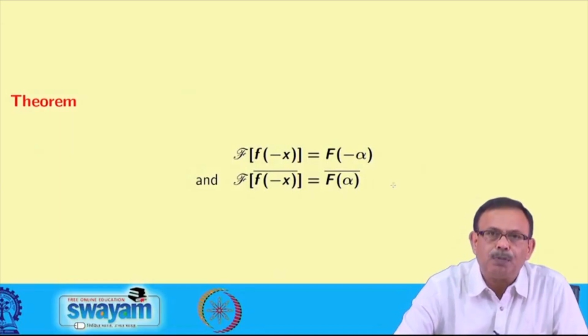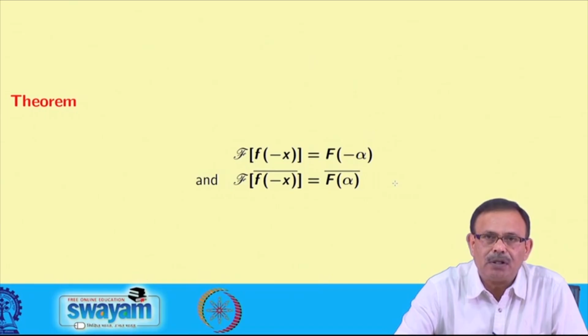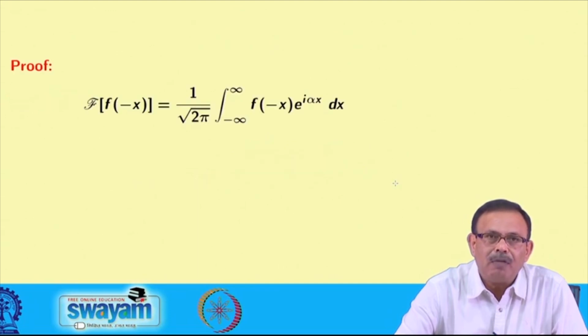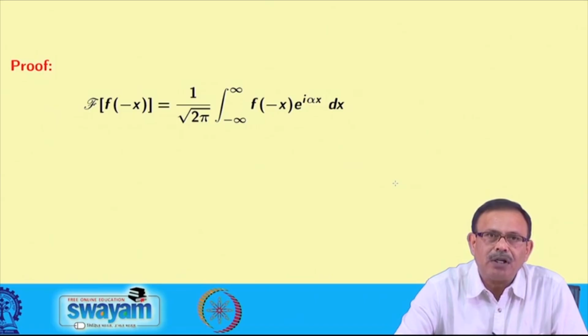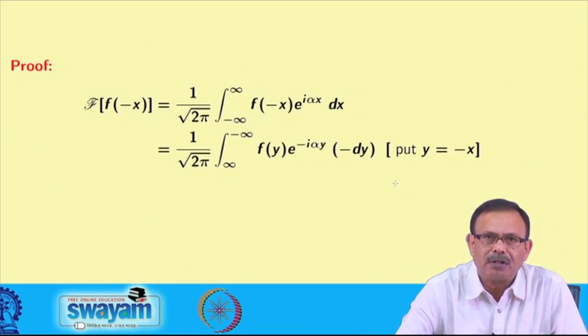So, this completes the proof of the theorem. These were the two proofs which I had to do: Fourier transform of f of minus x equals capital F of minus alpha, and Fourier transform of f of minus x bar equals capital F of alpha bar. For the first part, I am starting with the Fourier transform of f of minus x, which from the definition is the integral of f of minus x e power i alpha x dx.